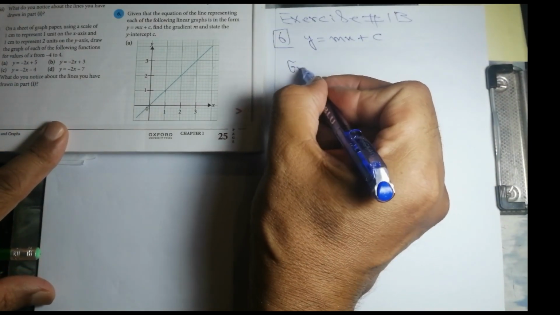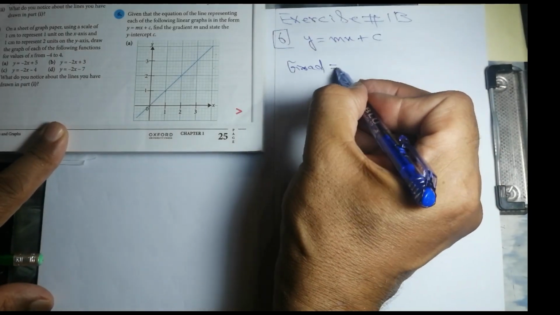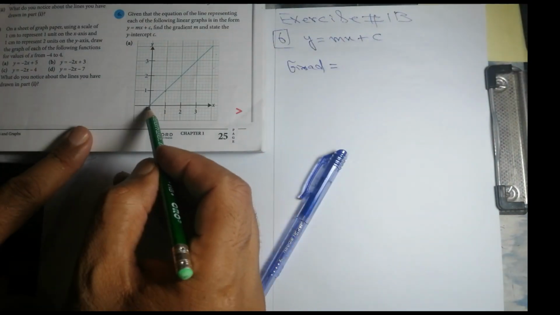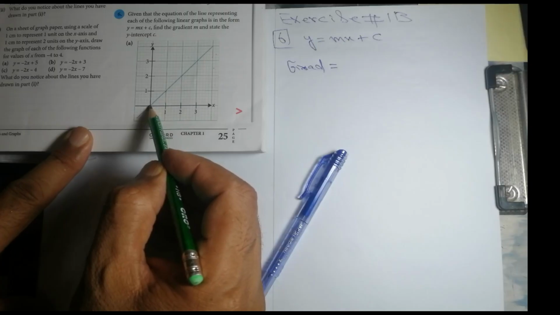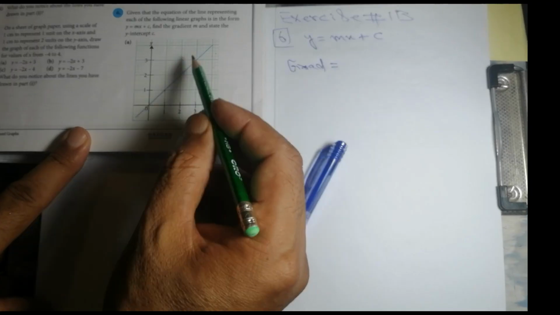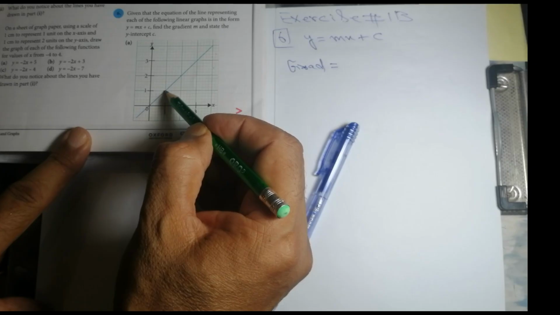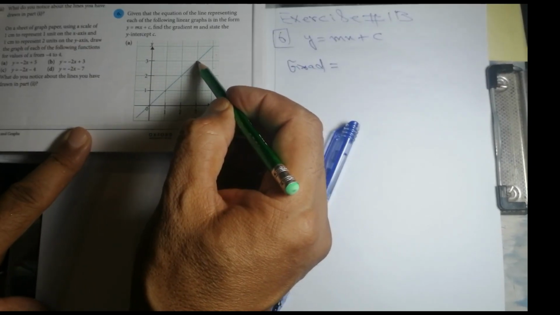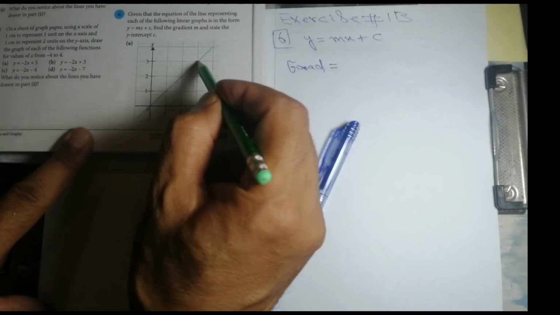Gradient is equal to... So we locate any prominent point on the line. Here luckily we have many prominent points. This is a prominent point, this is a prominent point, this one we can see clearly intersecting on the scaled points.